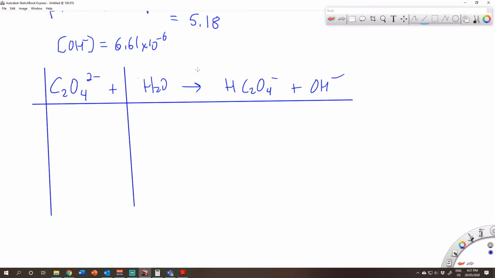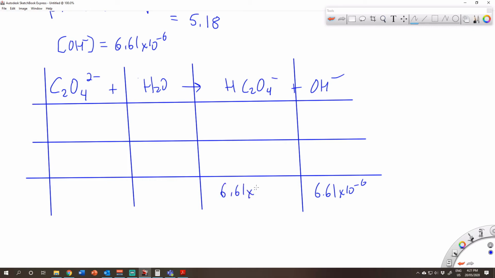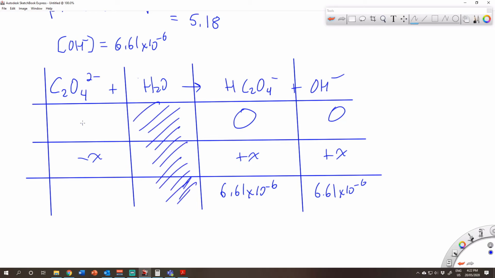So we're kind of filling in our RICE table a little bit backwards, because the pH allows us to know what the equilibrium concentration is. So this is going to be 6.61 times 10 to the negative 6. This will be 6.61 times 10 to the negative 6. This is 0, this is 0. This would have been a plus x, a plus x. This is a minus x, but it doesn't actually matter because the change is going to be so small that whatever the original concentration is will remain the original concentration.